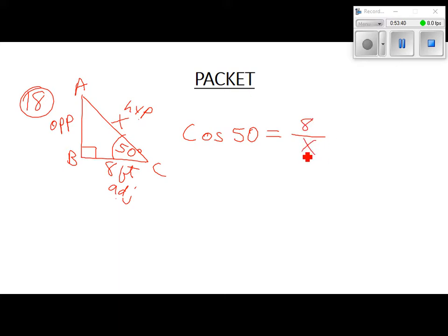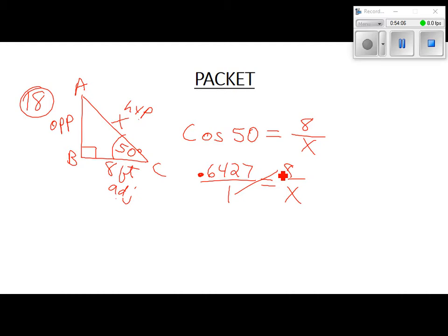Once we have our equation written, what's the next thing we do? Find the cosine of 50 on your calculator. What is it? Remember, not second. You're only doing second when you're finding an angle. Put that over 1 equals 8 over x. Is this going to be one of the harder ones or one of the easier ones? A little harder, because you have to do 2 steps.